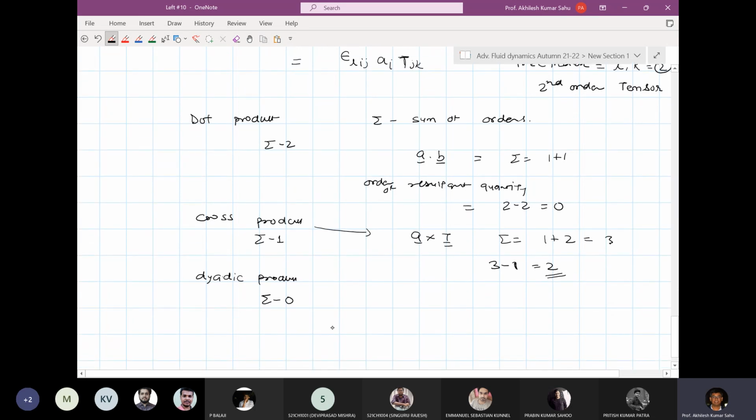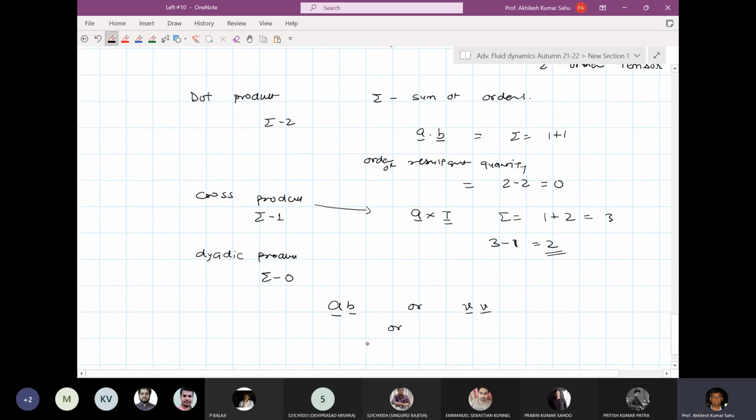So let's say I have this AB, or VV, or let's say I have a quantity something like this, del V. So this is dyadic product of A and B, dyadic product of V and V, dyadic product of del and V. All of them are second order tensor. ठीक है?